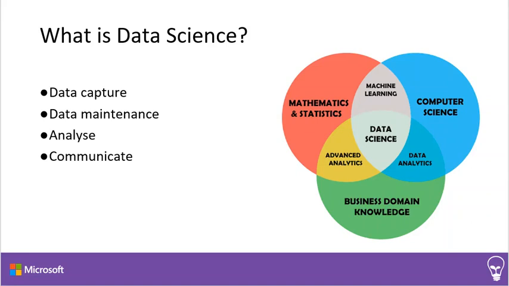And communicate is also an important and sometimes overlooked part because the information and value you derived from the data, you need to communicate it to stakeholders and maybe the management or whoever needs it to make some business changes. So that's usually an overlooked part, but it's also an integral part.